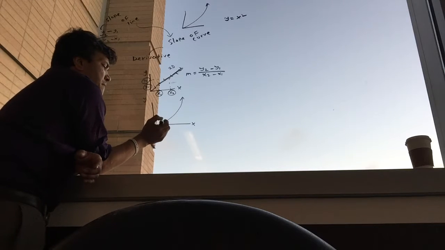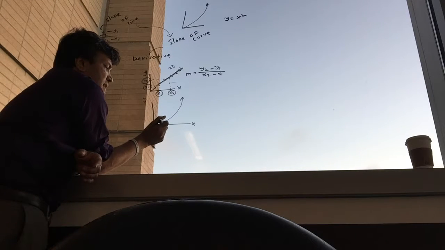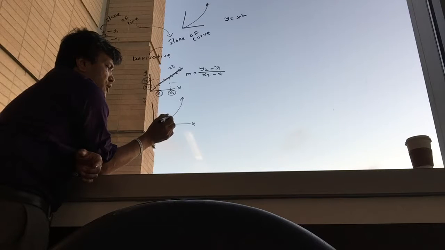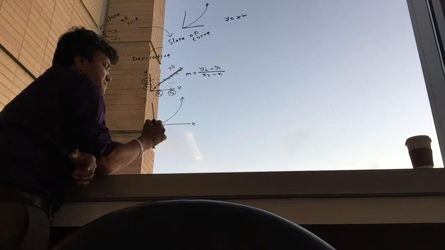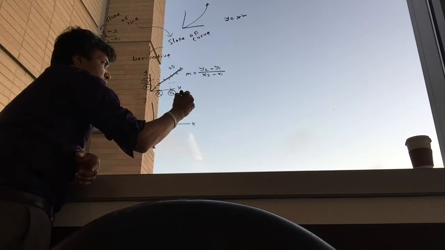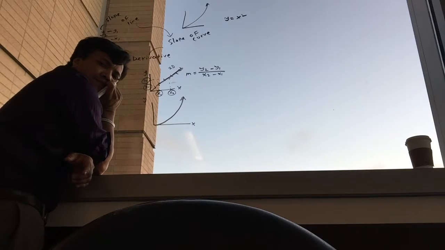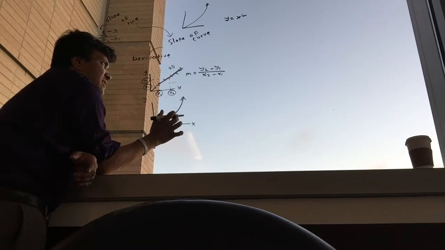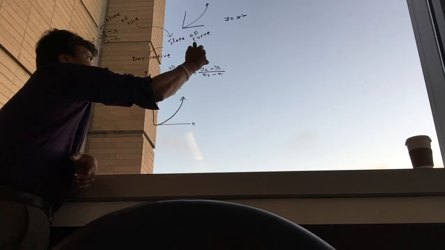Slope doesn't change. Here the slope is different at every single point of the function because the object is speeding up. That means the object is accelerating. Here acceleration is 0.